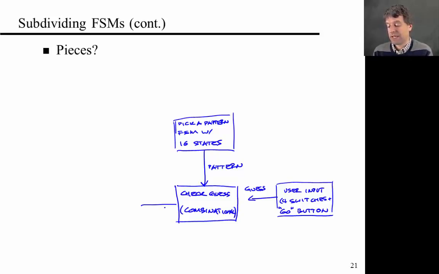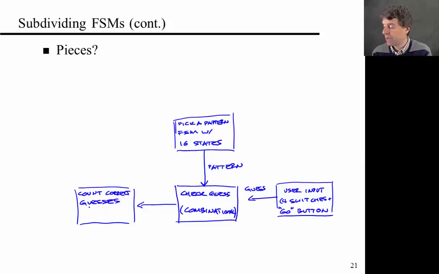Then we say, okay, if the guess is right, we have another state machine over here that counts the correct guesses. And so that's just 8 states. It basically says if this is right, you increment, else not.